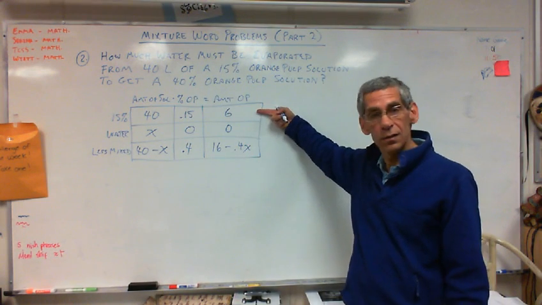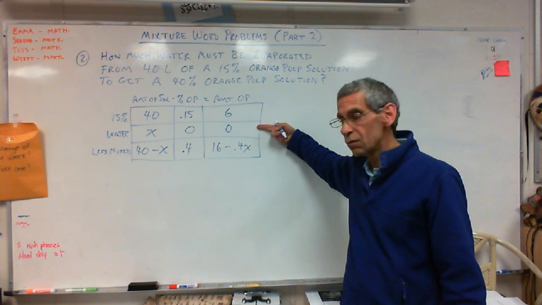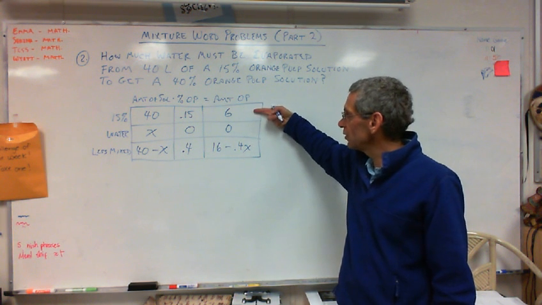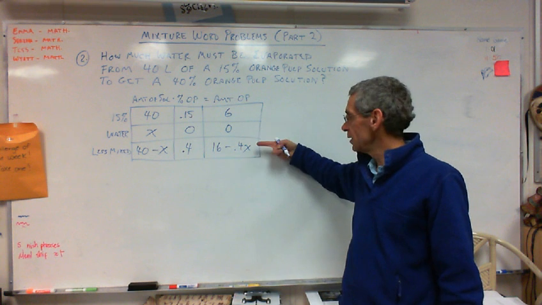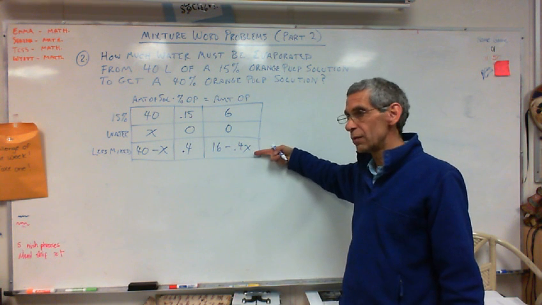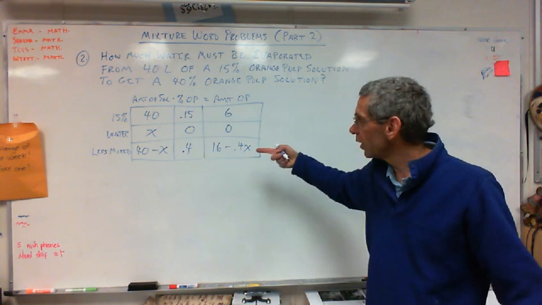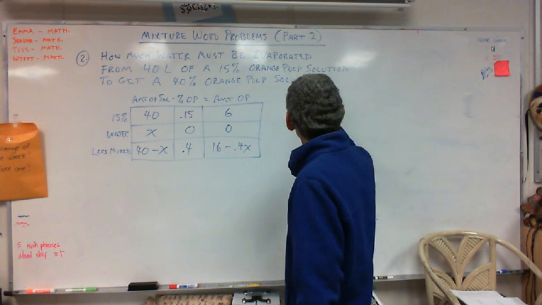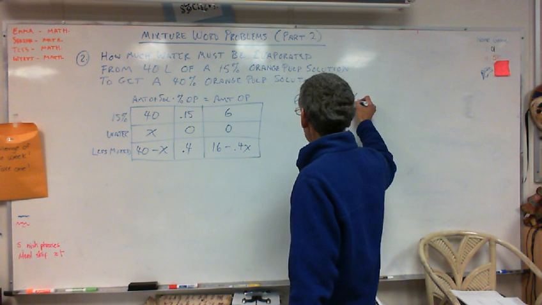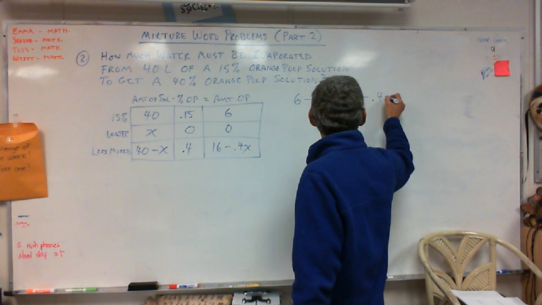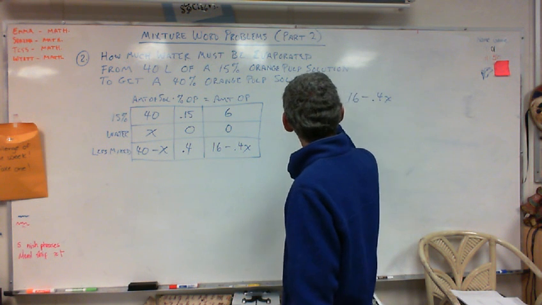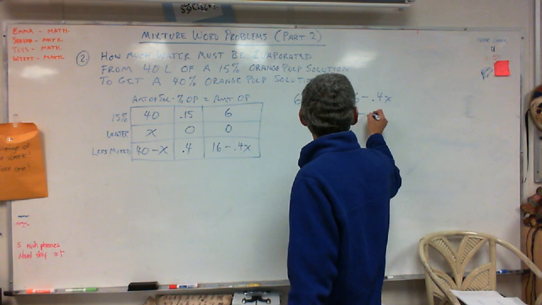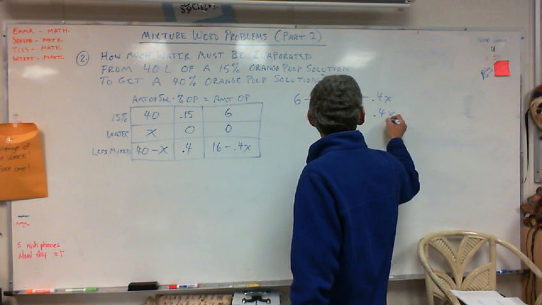This, the 15% solution, minus 0 is equal to this, the remainder, the less mixed solution. So we've got 6 minus 0 is equal to 16 minus 0.4x. So we don't need the 0. So I'll just rewrite it as 6 is equal to 16 minus 0.4x.